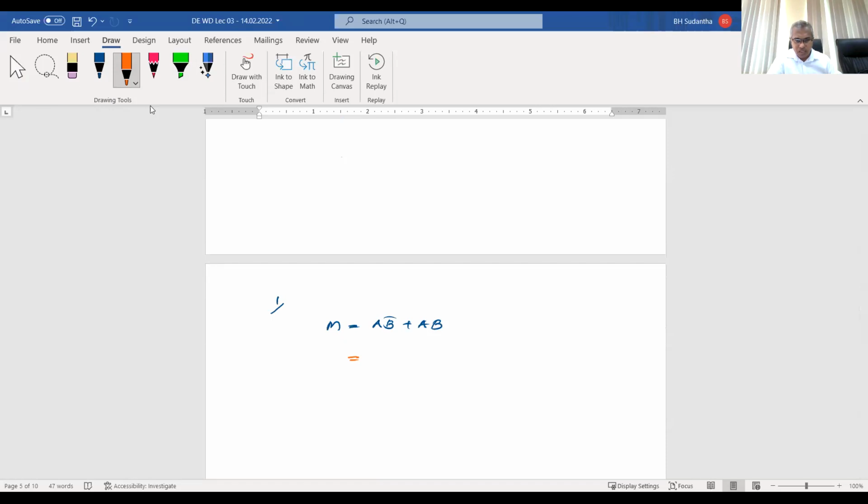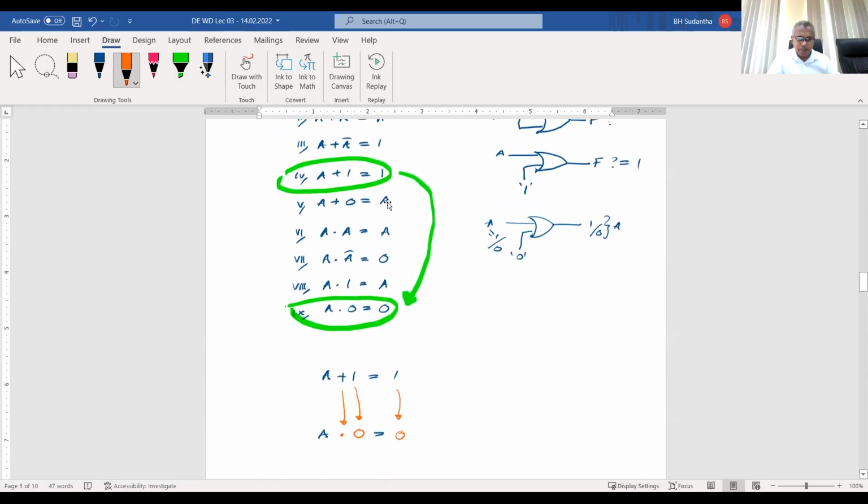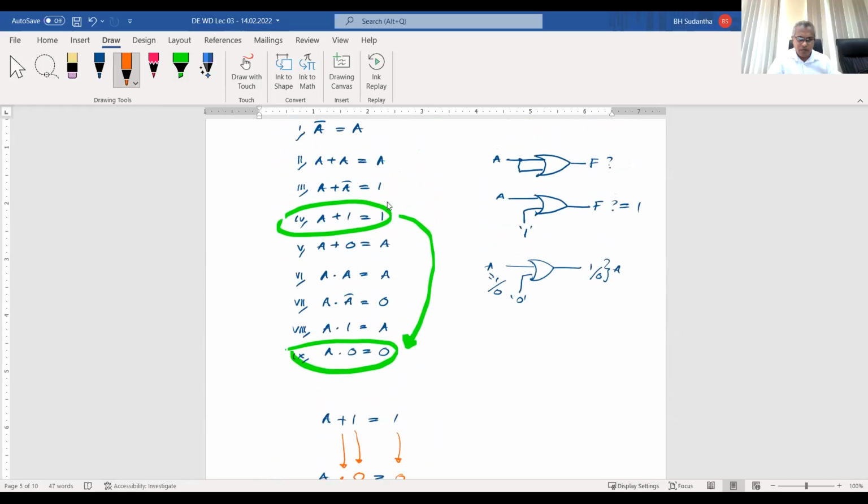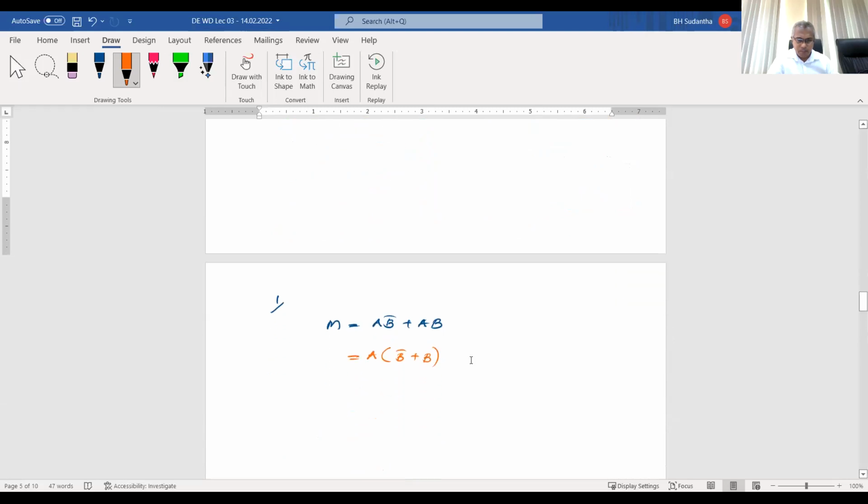Then we can take A out. Inside that we have B bar plus B. What is B bar plus B? You can see here, this is A plus A bar. What is that? A plus A bar is 1. Then B bar plus B is 1. Then this is our rearranged equation.